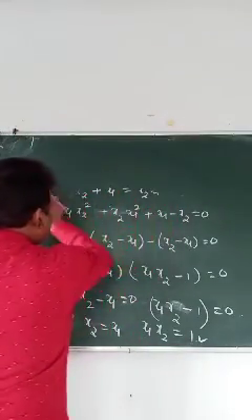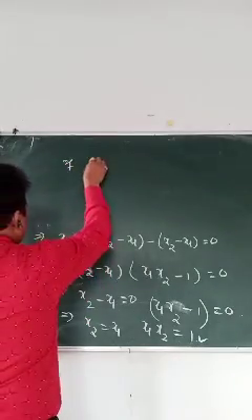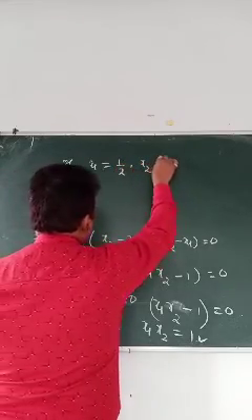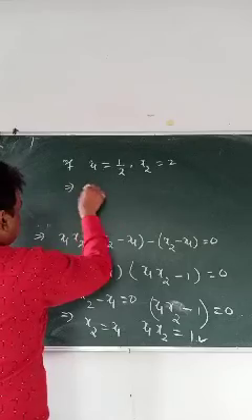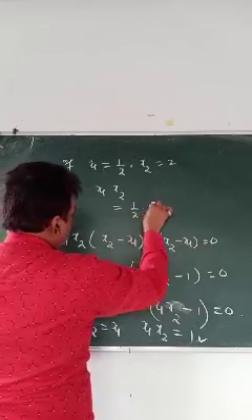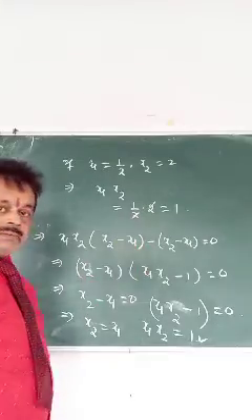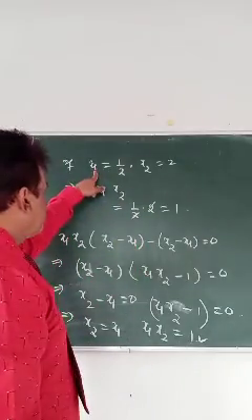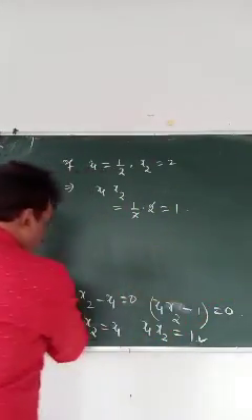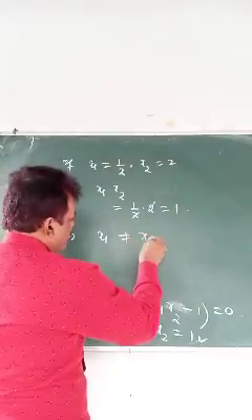If you take x1 equals half, x2 equals 2, implies x1 x2 equals half into 2, that is 1. But what do you get? x1 is not equal to x2.